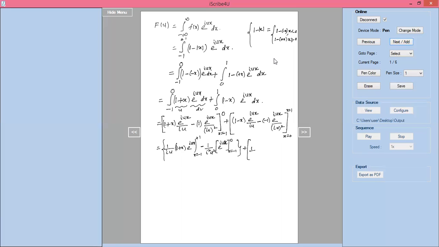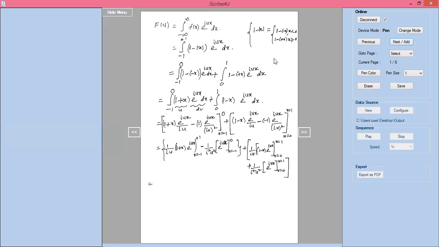1 by iu, I will take out 1 by iu, 1 minus x into e power iux, limit should be x equal to 0 to x equal to 1, plus 1 by i square u square e power iux, limit x equal to 0 to x equal to 1.